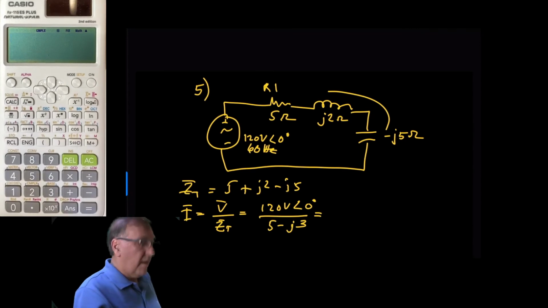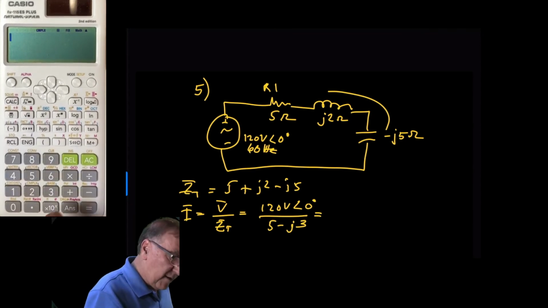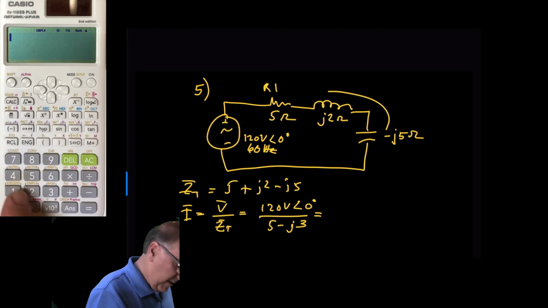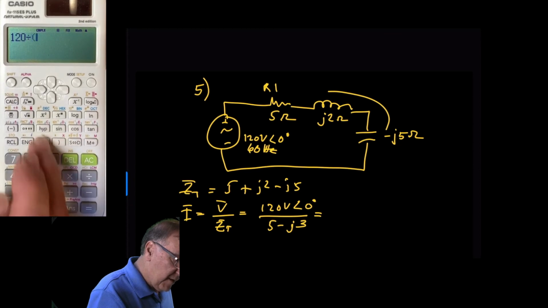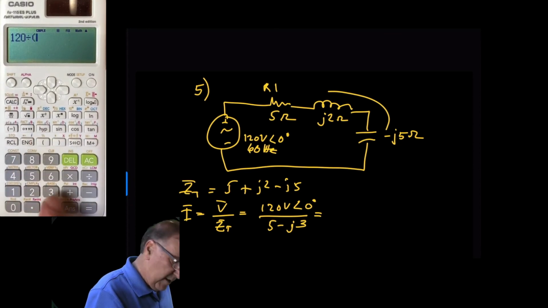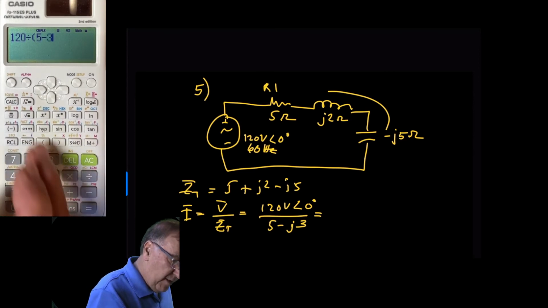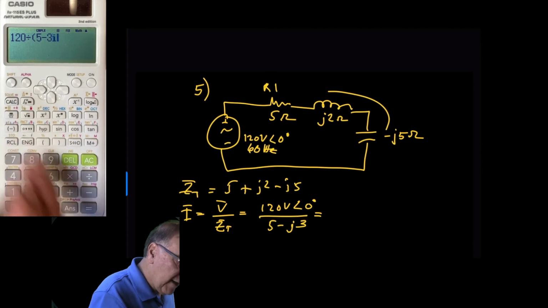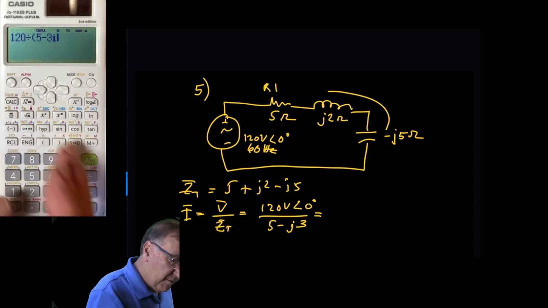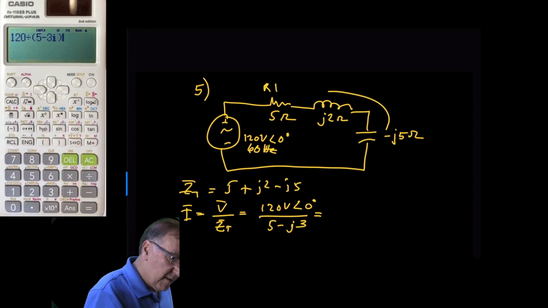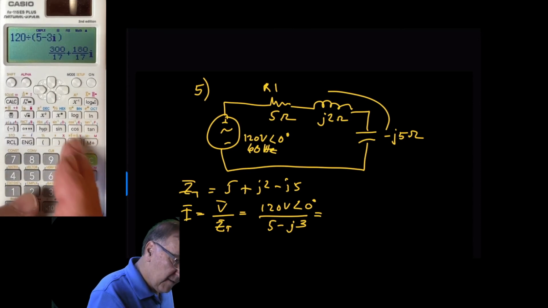So we can now calculate this with our calculator. So we'll take 120 divided by, and we'll use our parentheses, 5 minus 3i, close parentheses, and that equals, and we can convert that to decimal.